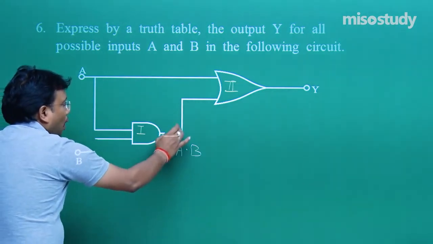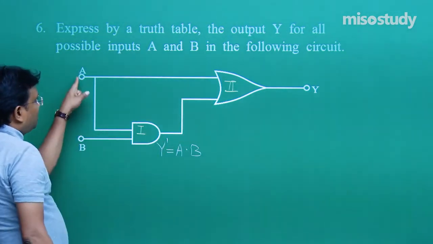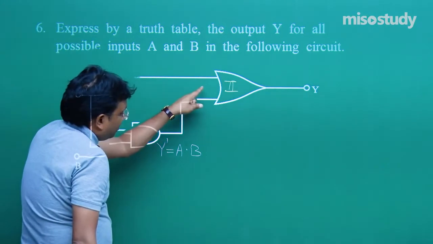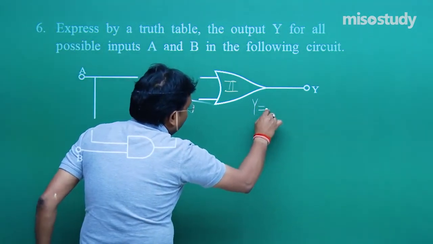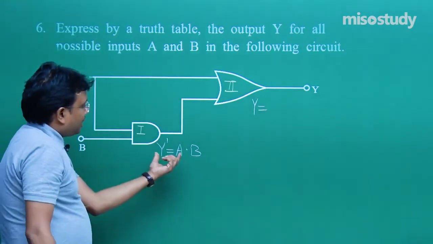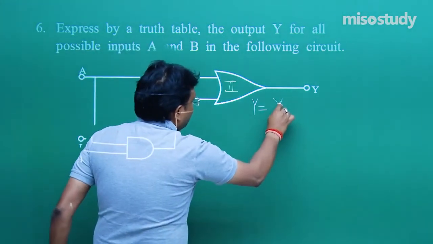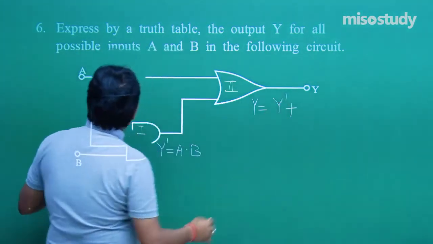So, this y prime is going here and this A individually is coming over here. So, about y, what can I say? About y I can say y prime plus A.